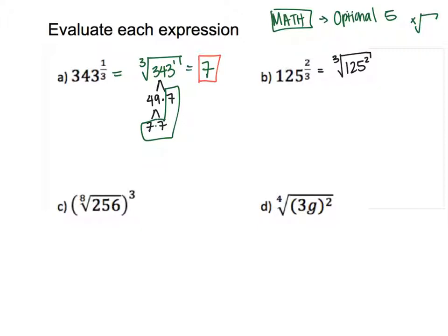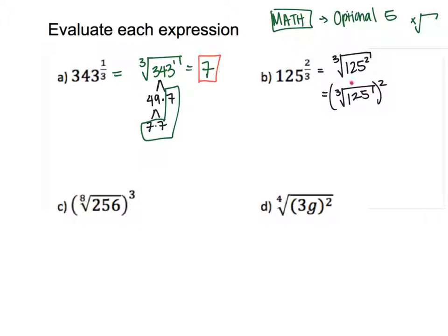So here's what I do to be more strategic. Because from prior work, I know that the order of the root and exponents doesn't matter. I'm going to actually take the cube root of this first and then square it. Here's why. When you take a root of anything, you make the number smaller, whereas when you take exponents, you're going to make the number bigger.